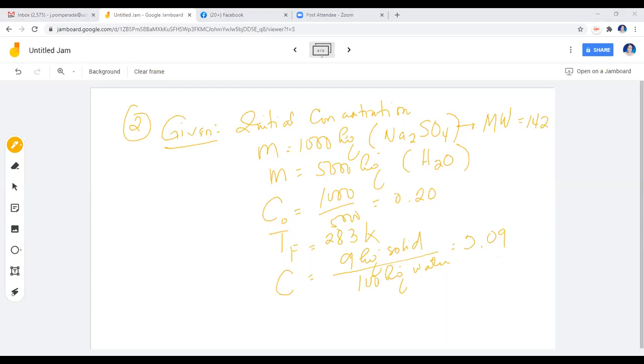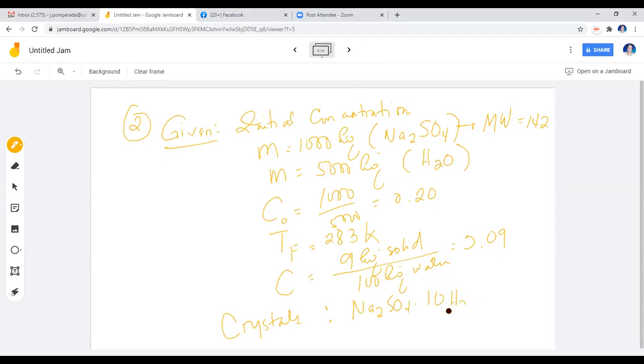And then it says that your crystals will be in the decahydrate form. So how would you interpret this? Crystals already in the decahydrate form, meaning your crystals in the final solution will be sodium sulfate decahydrate.